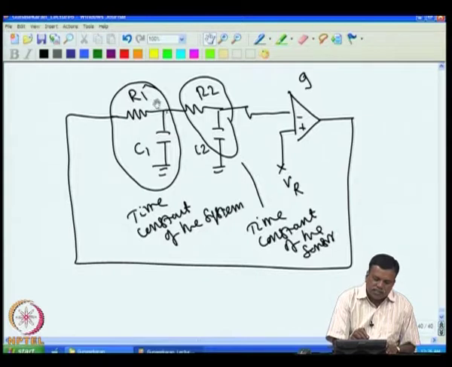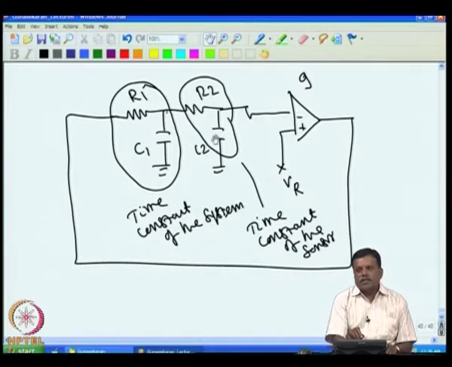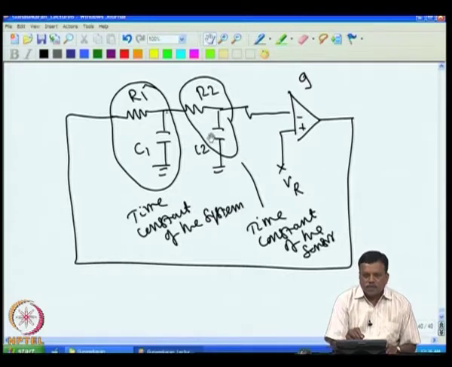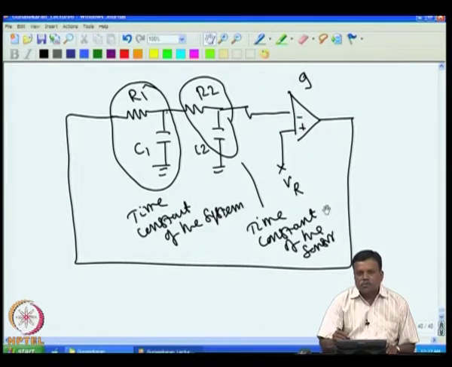That means this works as an attenuator, and this also works as an attenuator. So the combined attenuation times this gain, if it is more than 1, and the entire loop phase shift is 360 degrees, then the loop can oscillate.